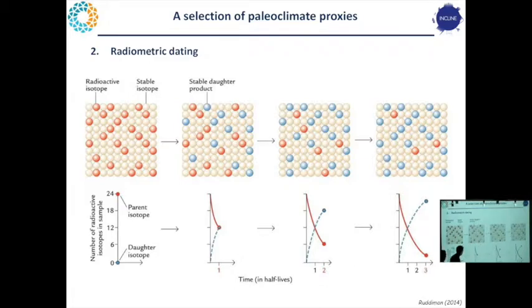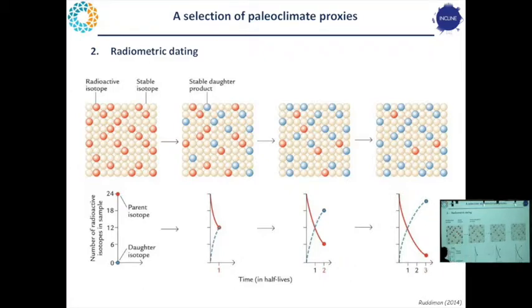And this ratio can be assessed as the half-life. The half-life is the necessary amount of time for half of the radioactive isotopes of a certain sample to decay and to produce daughter isotopes.